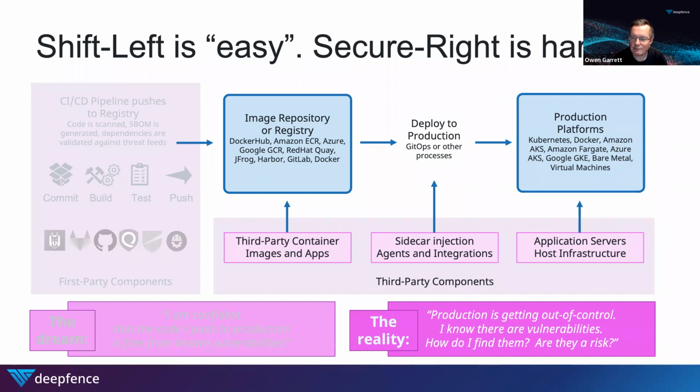As your application is pushed into production, it may be augmented through the injection of sidecars for things like service meshes and other agents and integrations that are automatically added to extend the application. And of course, this application runs on infrastructure that itself needs to be secured. Application servers and host infrastructure don't go through the shift left scanning process, and instead are sourced from third parties.